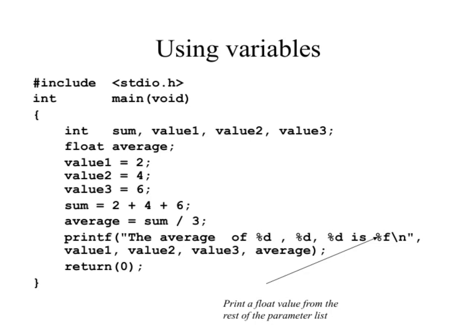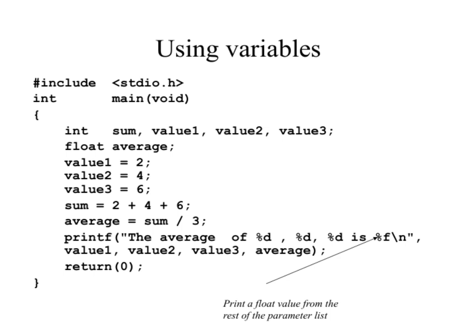Let's take a closer look at how we can print a float value from the rest of the parameter list in our printf statement. In this example, we've got a simple program that calculates the average of 3 values. Notice how we declare our variables, integers for the values and a float for the average. We assign values to value1, value2, and value3, then sum them up.